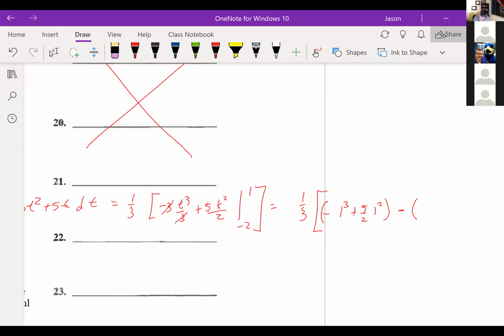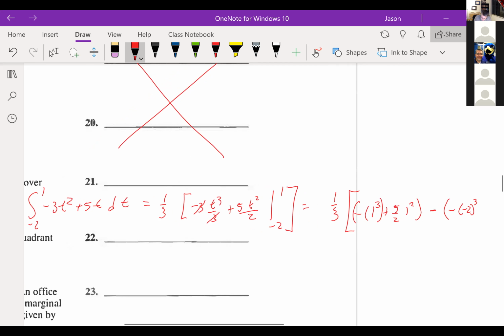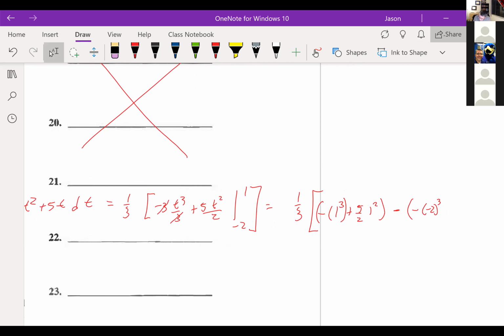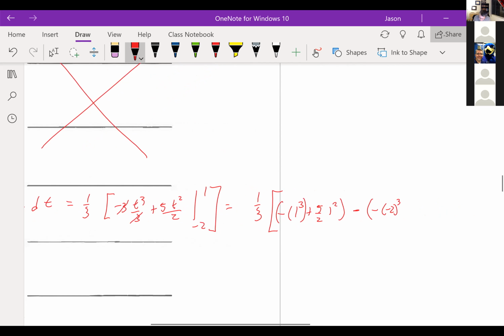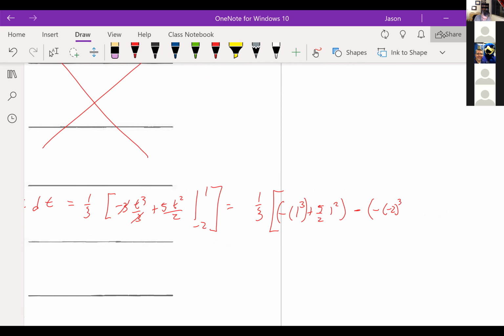Oops. We have a negative of a negative 2 cubed. Keep that in mind. It's a negative of a t cubed, so there's a negative there. Don't mess up on the negative. This negative doesn't go away, just the 3.